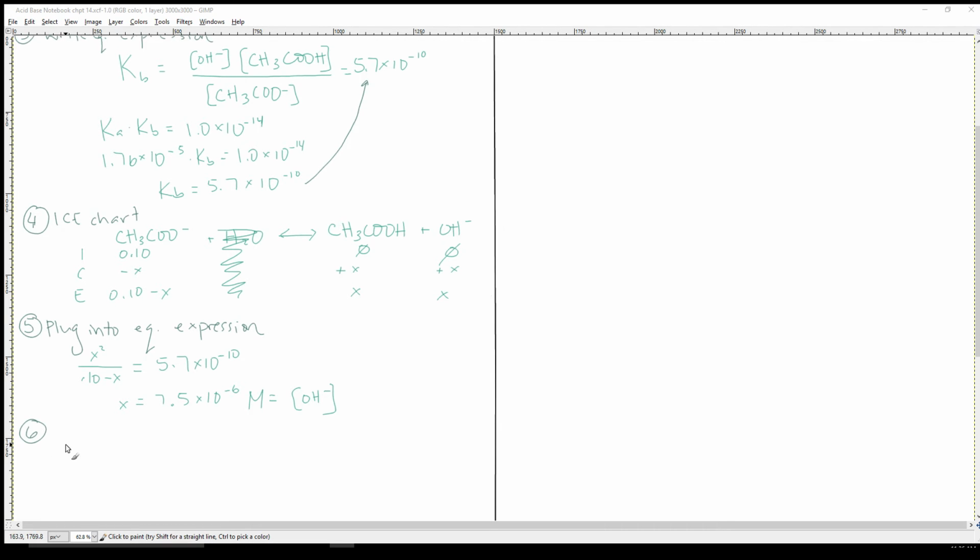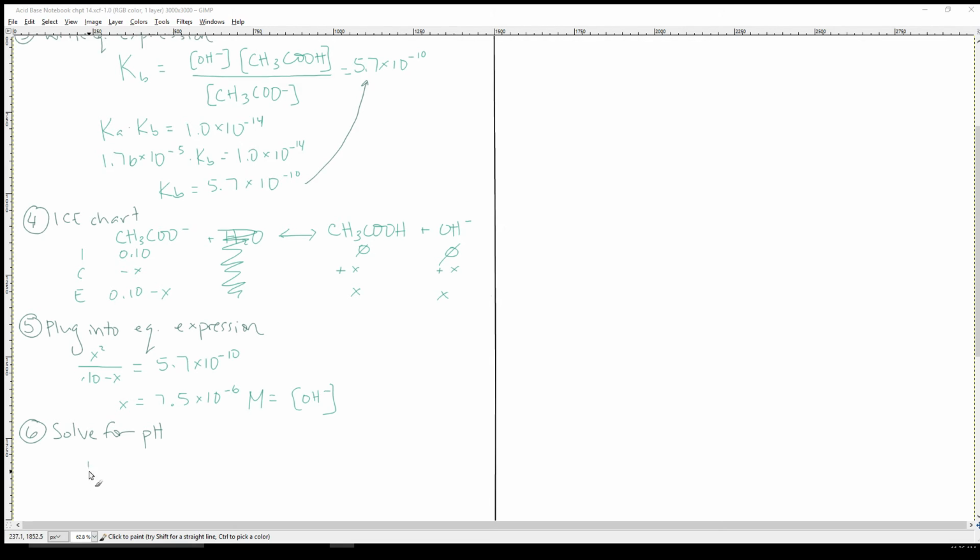So let's see how to do this. You have different ways you could approach this. I'm going to solve for pOH and use that to figure out pH. So that's equal to, oops, I didn't write my actual step. We are solving for pH. Okay.